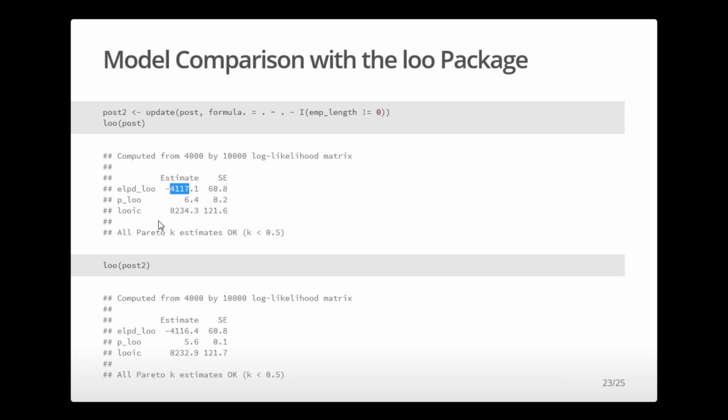It's like negative 4,100 or 117. We also get an estimate of the effective number of parameters. So the effective number of parameters takes into account that we provide some prior information when we specify the model.